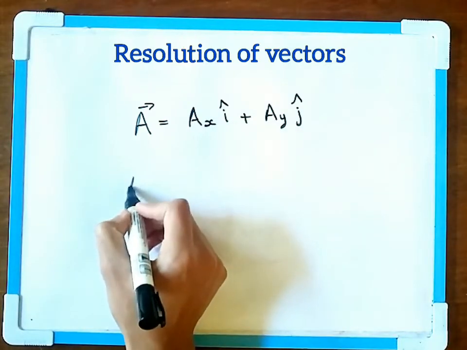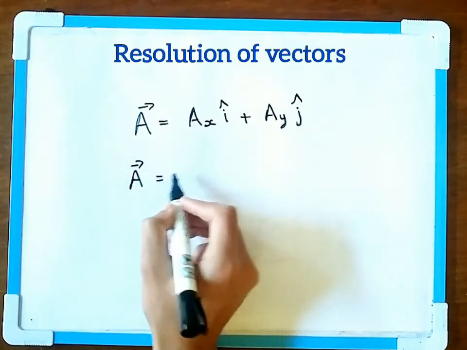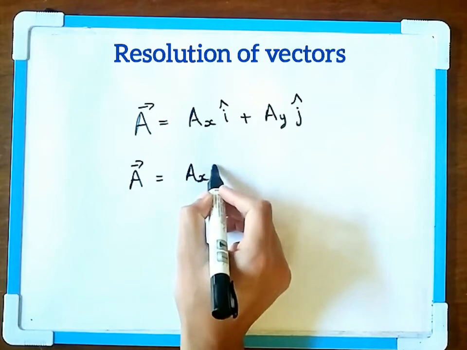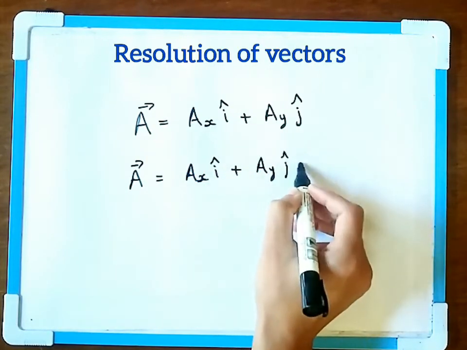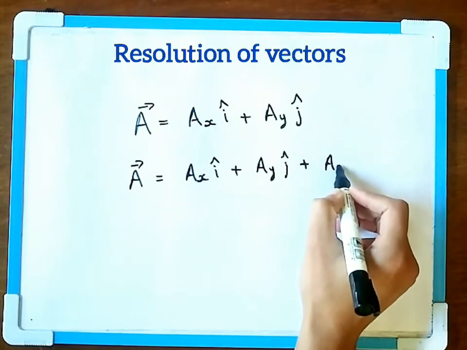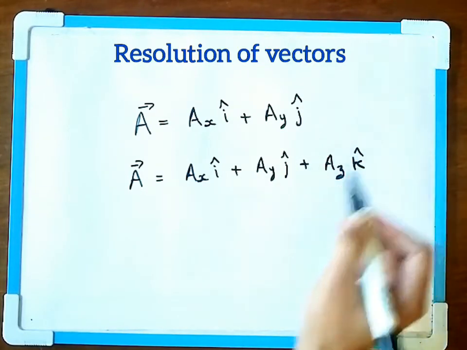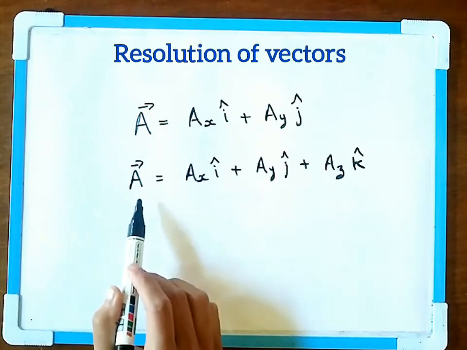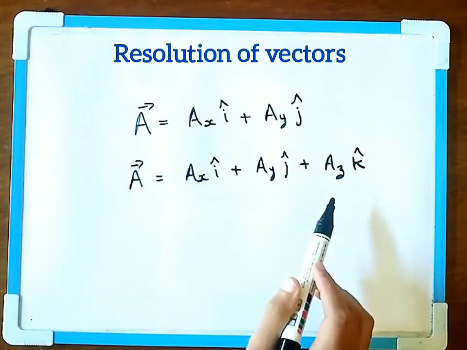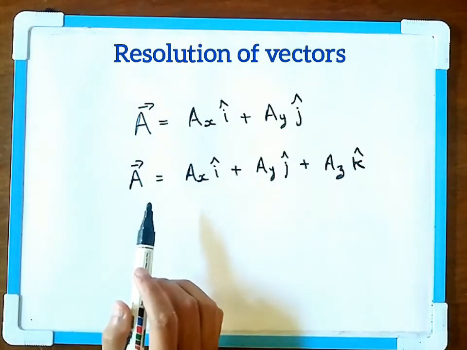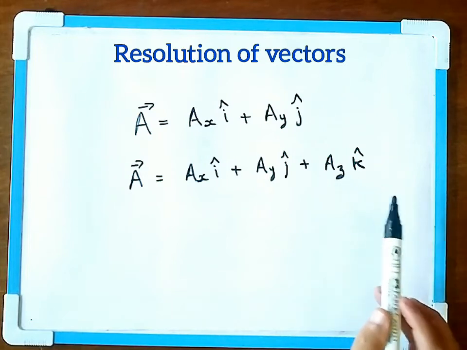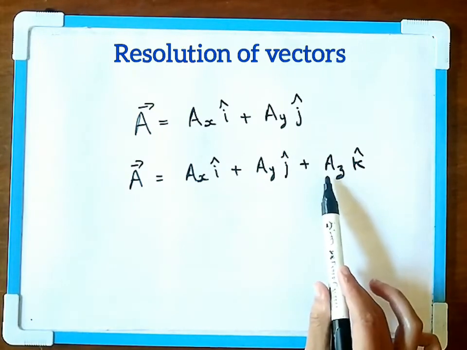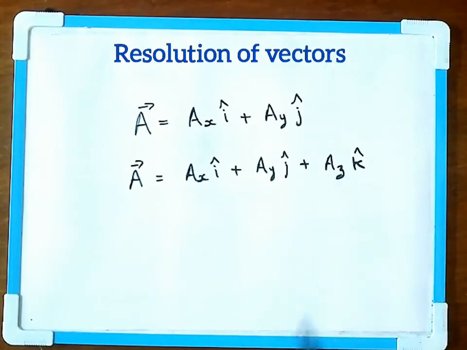So here we have a vector A equal to Ax i cap plus Ay j cap plus Az k cap. So we have resolved this into three parts. If this A vector is in space, we'll have to use another axis, which is the z axis, to get this component Az k cap.